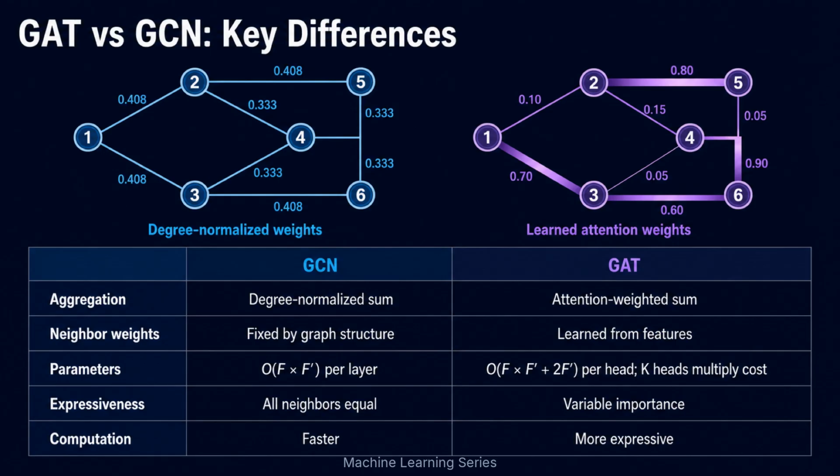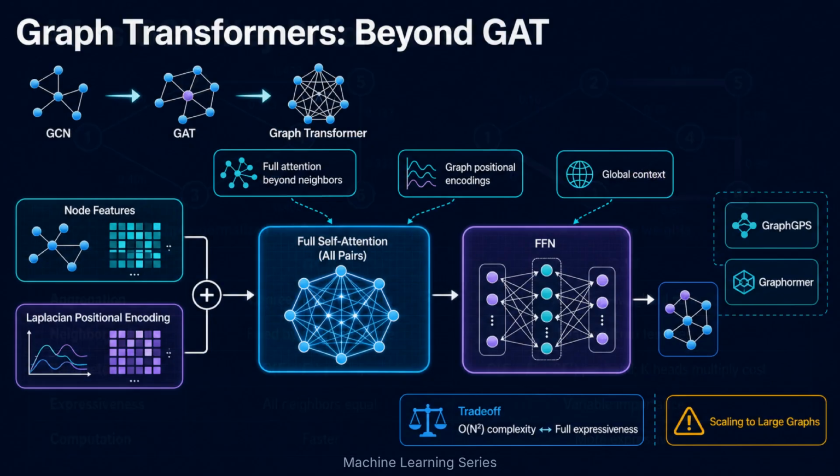GAT opens the door to even more powerful architectures, graph transformers. While GAT restricts attention to graph neighbors, graph transformers allow each node to attend to all other nodes, just like standard transformers. This requires positional encodings to inject graph structure information. Common choices include Laplacian eigenvectors or random walk features. Models like GraphGPS combine local message passing with global attention, getting the best of both worlds.